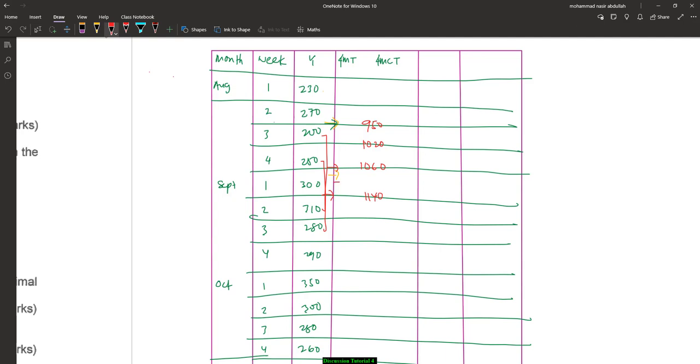Confirm. Right, then kita move to this one. This is 300 plus 310 plus 280 plus 290 is 1180. And then 310 plus 280 plus 290 plus 350. This is 1230. Is it?